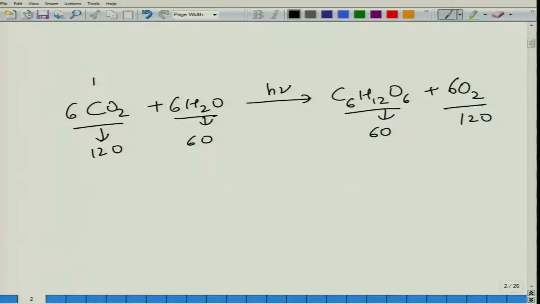That is 6 moles of carbon dioxide plus 6 moles of water, utilizing the sunlight, will make 1 mole of glucose and give out 6 moles of oxygen, which is why trees are able to take carbon dioxide from the atmosphere and release oxygen.